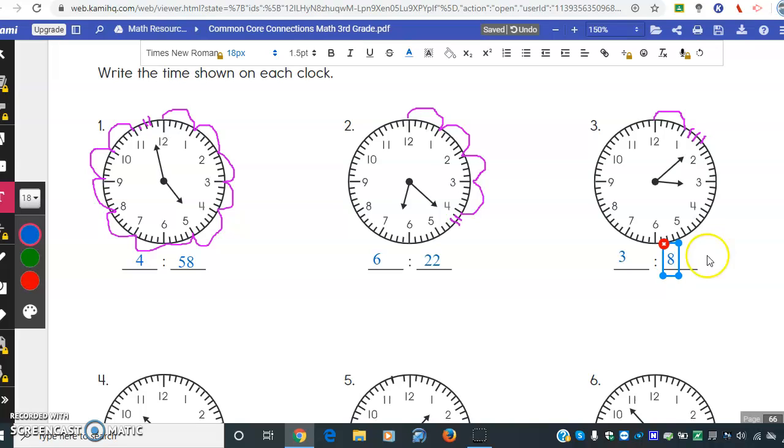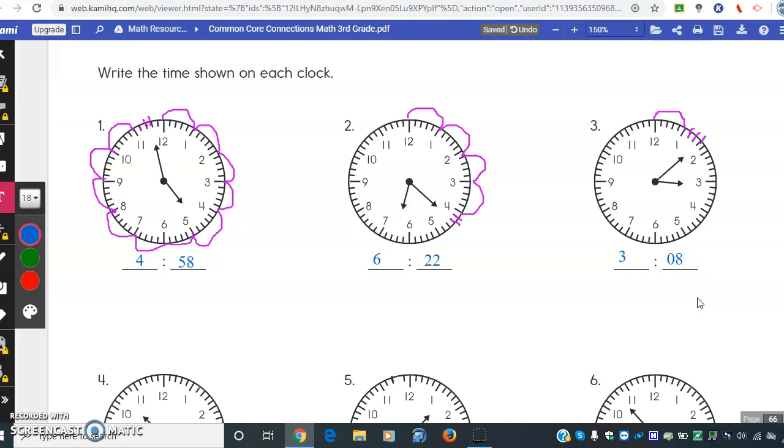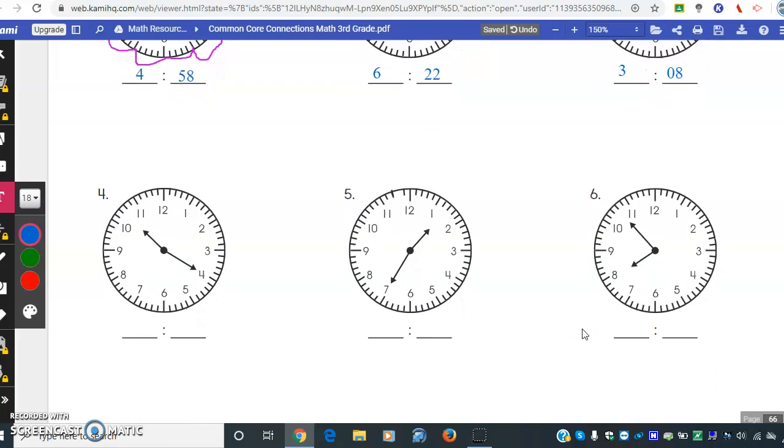This is not what you want to write down as your time. That won't work. Remember, it's 3:08. Once you hit the 10, you're good and you don't have to worry about that 0 in front. But for the smaller numbers like 1, 2, 3, 4, 5, 6, 7, 8, and 9, put a 0 in front. Okay? All right, moving on to clock 4.